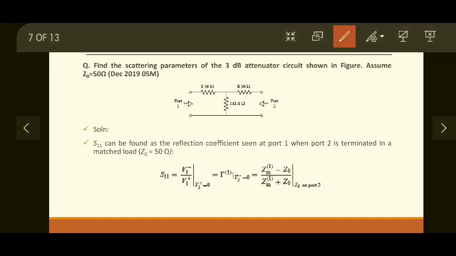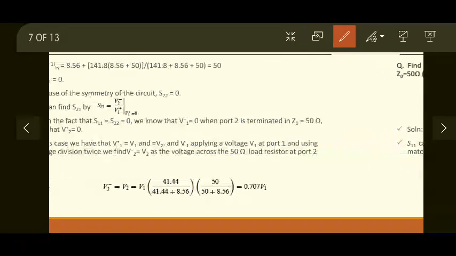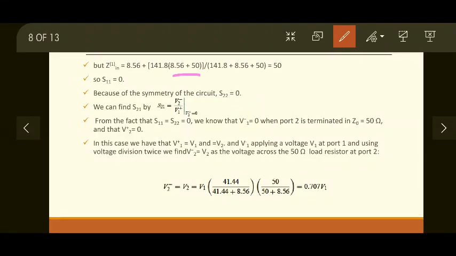So S11 was found to be 0. So our actual property is proved here.